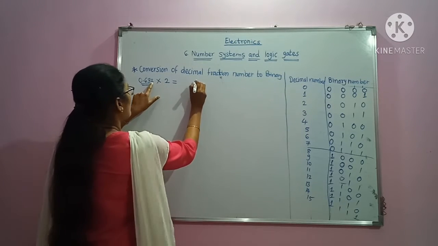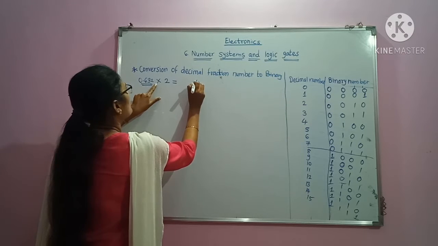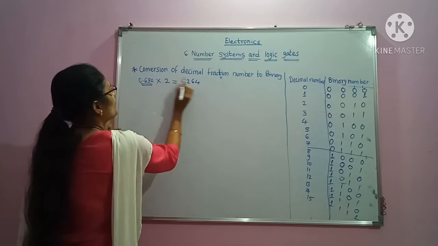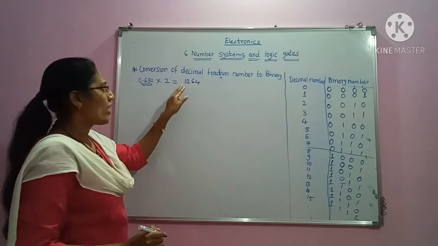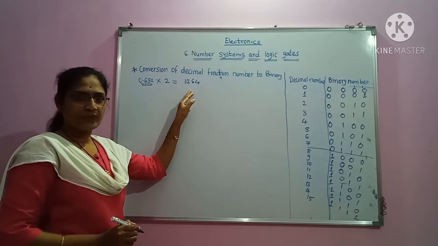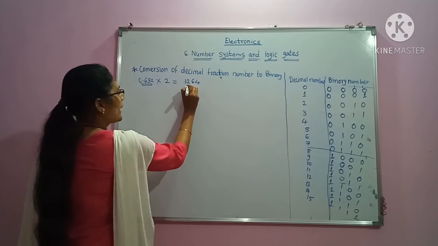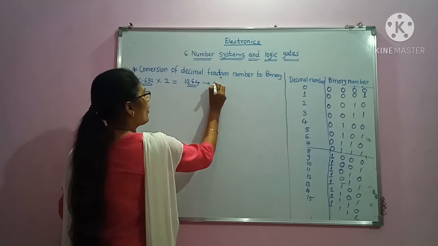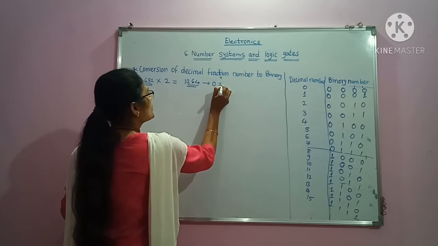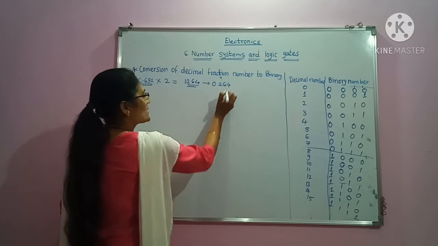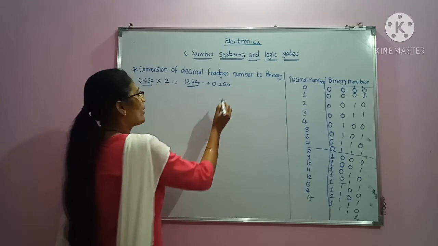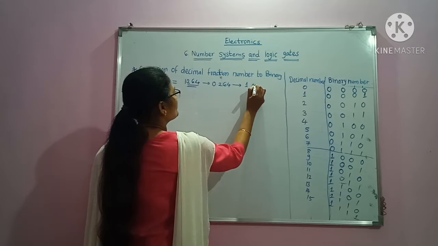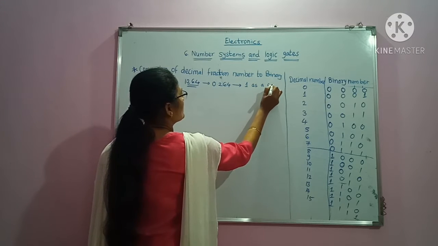2 2s are 4, 6, 12. 1, 2, 3. So we have obtained this number. Again, we have to write this number here. Means we have obtained 0.264 as a fraction, and we have to write 1 as a carry.